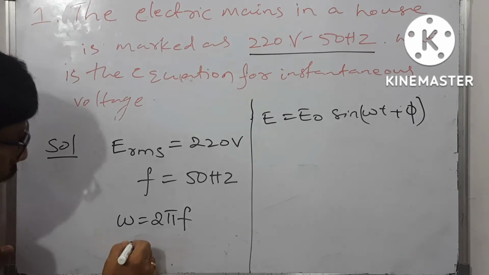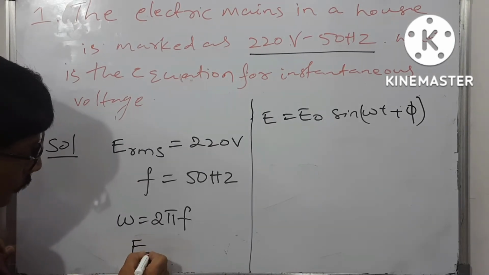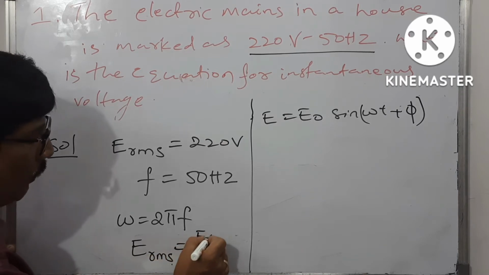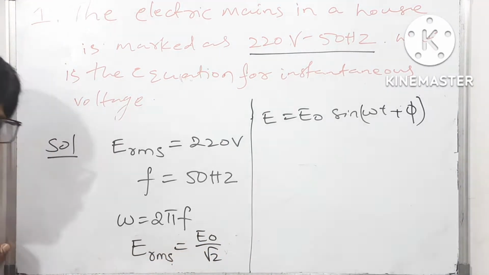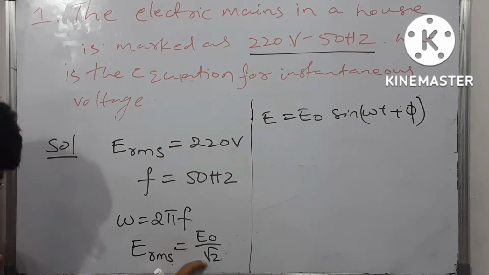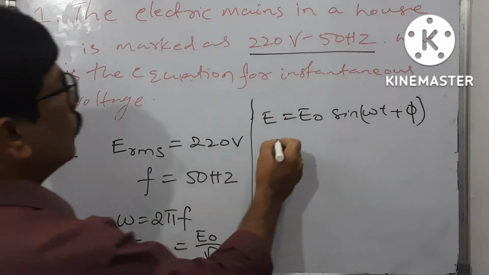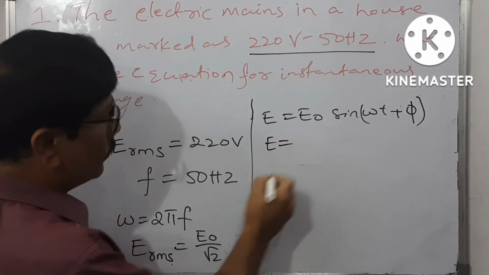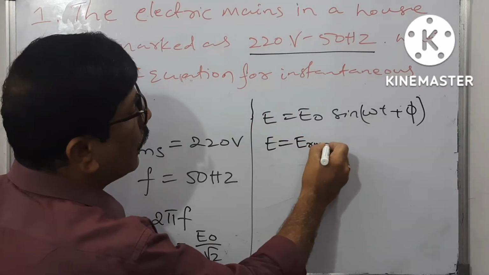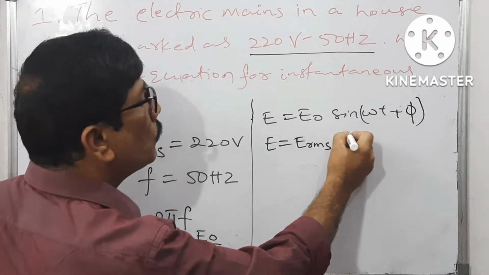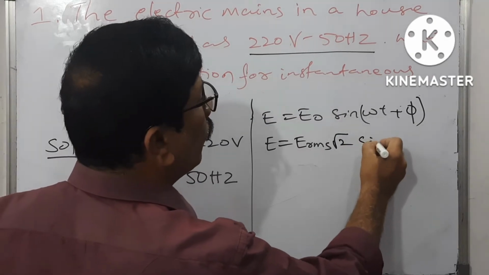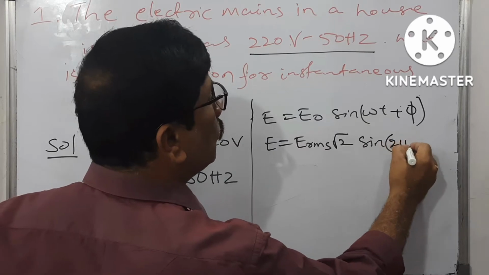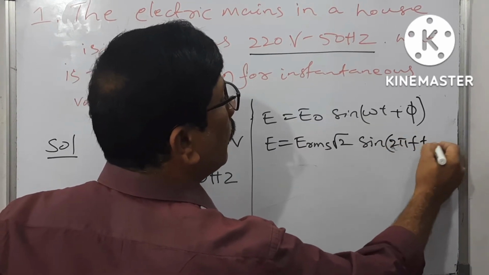And one more thing: the RMS value of the electromotive force is peak value divided by root 2. That means in the place of E naught you can write E RMS into root 2. So E is equal to E RMS, the RMS value of the voltage, into root 2, sine of (2 pi f t plus phi).